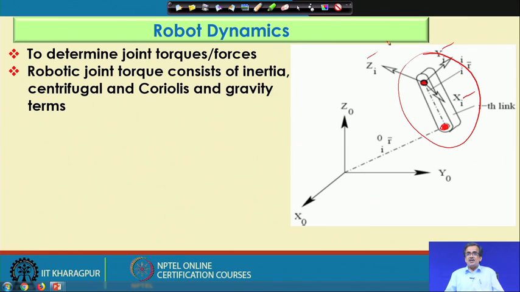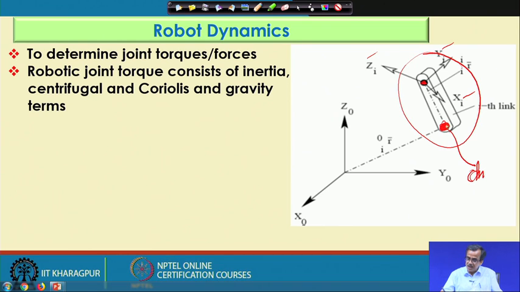Now, supposing that on this particular link, I am going to concentrate on a particular point, say let me consider this point, and supposing that this point has a differential mass, say dm, a small mass dm.